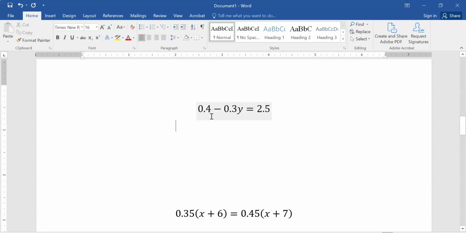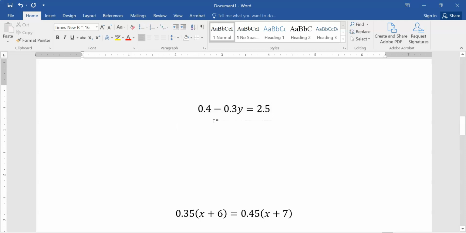0.4 minus 0.3y equals 2.5. Well, what we're going to do is notice that we have a constant term of 0.4. We have a term with a variable that's minus 0.3y, and we have equal to 2.5.